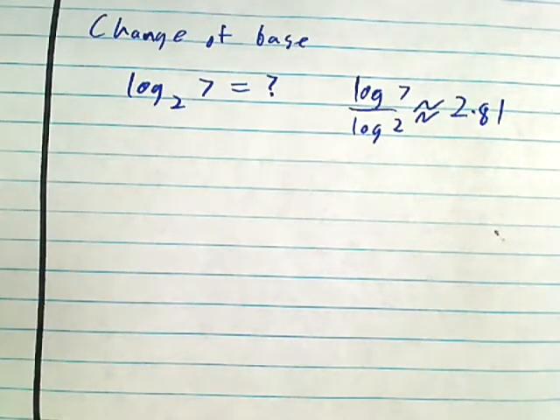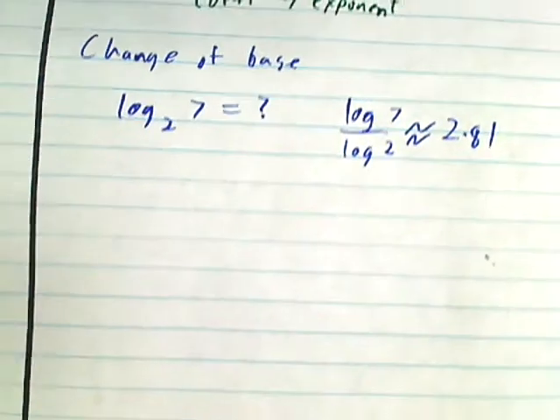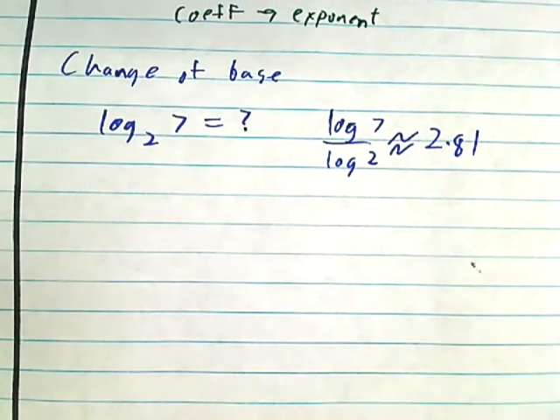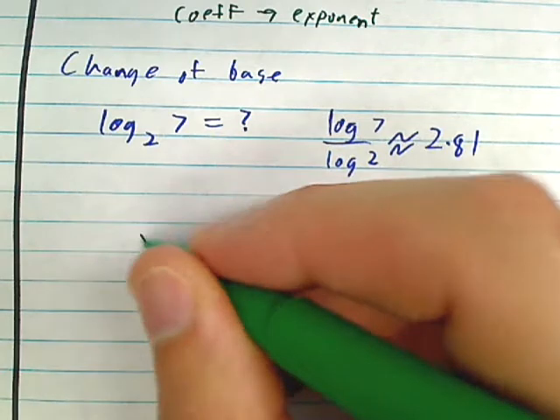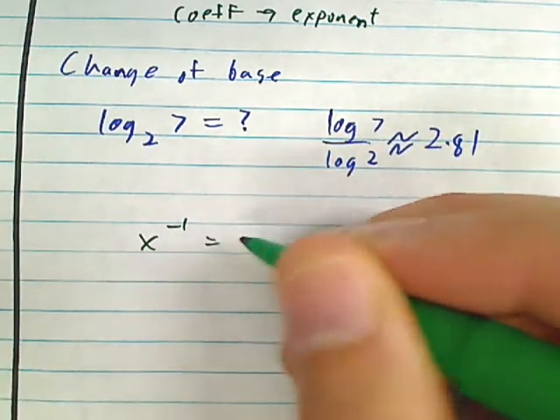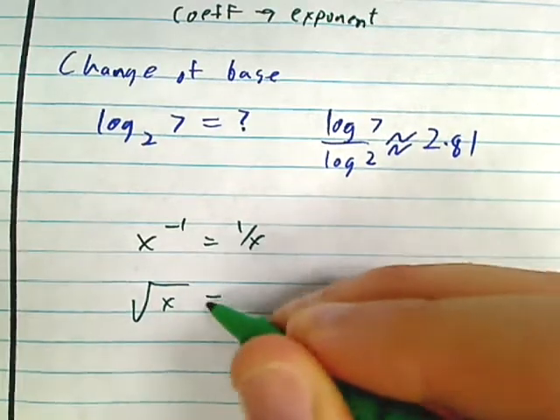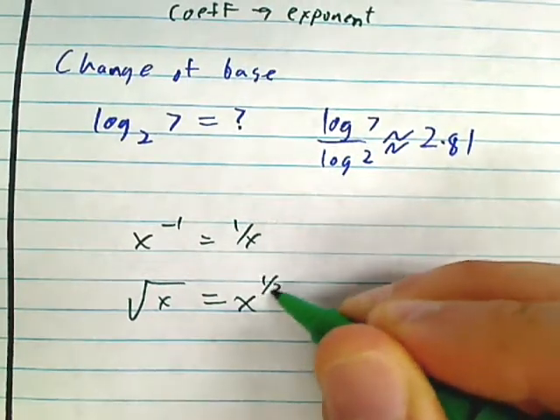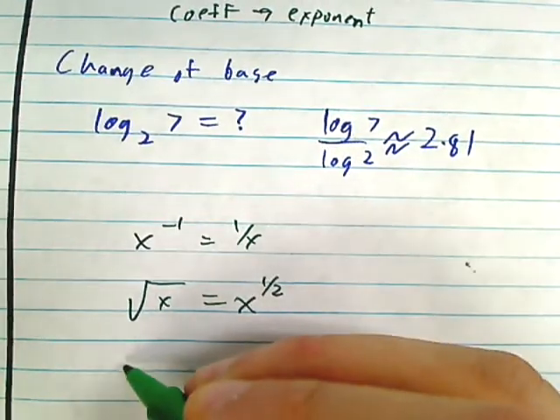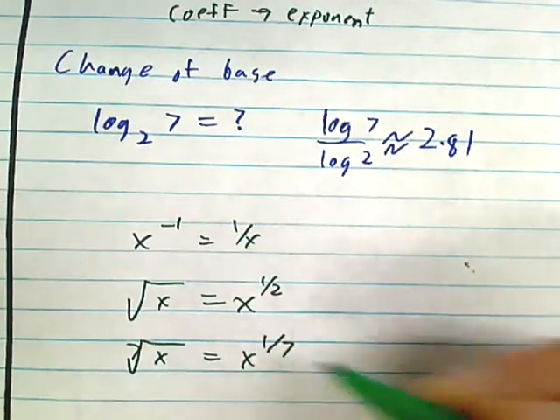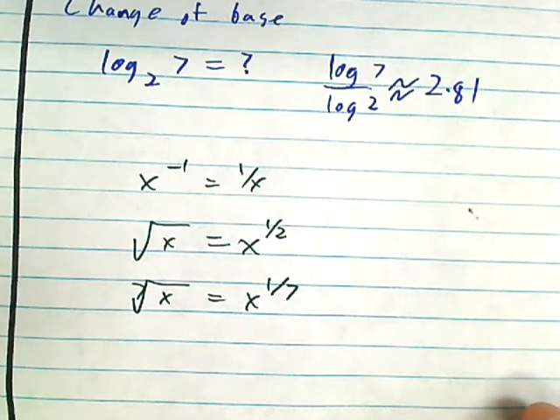Okay, last thing, and this is really just review. When you see something like x to the -1 power, that means 1 over x. When you see the square root of x, that means x to the 1/2. And when you see the 7th root of x, that means x to the 1/7 power. These are our fractional and negative exponent rules, and you need to keep them in mind.